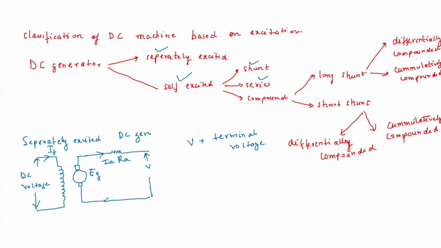So terminal voltage is here. Okay. Then IA is the armature current. RA is the armature resistance. And EG is the generated voltage.